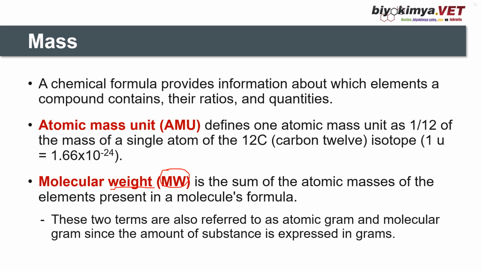These two terms are also referred to as atomic gram and molecular gram. And for molecules, sometimes we say the formula gram or the grams of formula, since the amount of substance is expressed in grams. So don't forget we express grams. So the molecular weight of carbon is 12 grams.